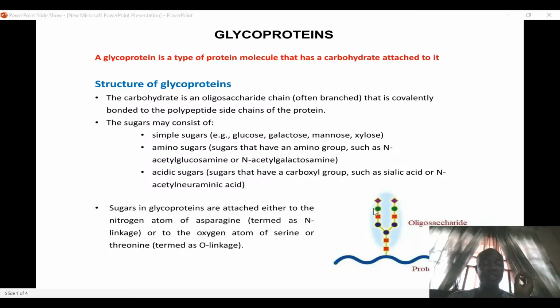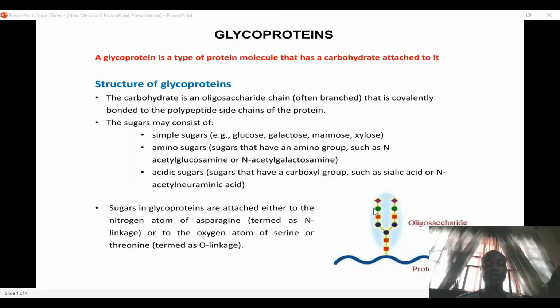Under the structure of the glycoproteins, the carbohydrate is an oligosaccharide chain. The carbohydrate found on the glycoproteins is called oligosaccharides. When we say oligosaccharide chain, it is usually a sugar that contains simple sugars between 2 to 10.